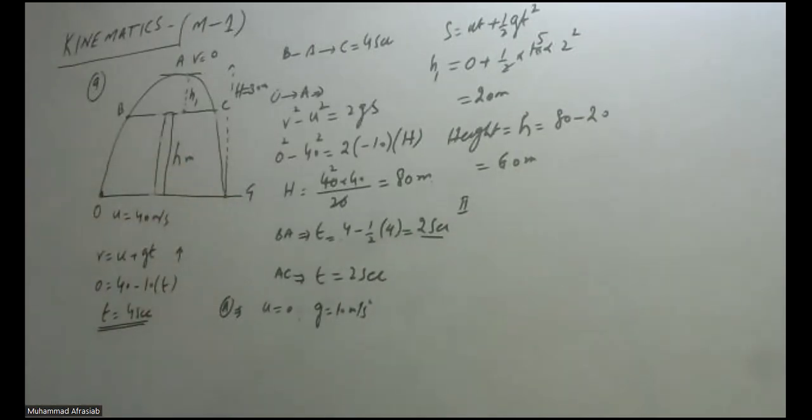after 1 second, the second particle is being, no, let's say this is the actual situation, that particle starts from O, projected upward with a speed of 40 meters per second.